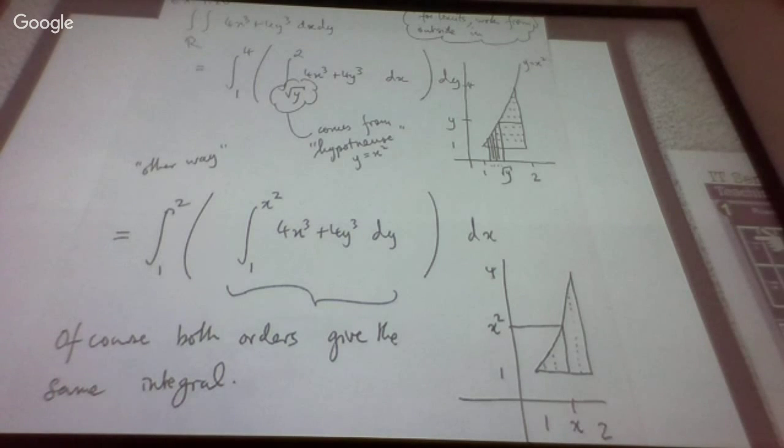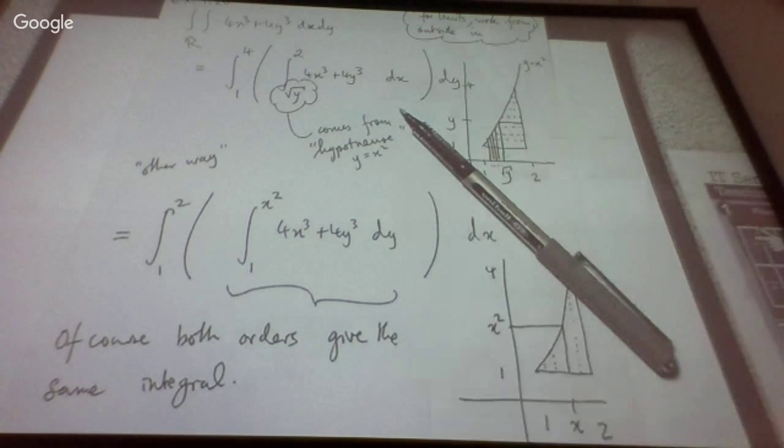But if you're just starting, if nobody told you about the region, and you were just faced with this first integral on the page, and you wanted to change the order of integration, maybe to make the integration process easier, it's not immediate. It doesn't scream out at you that when you change the order, it must be from 1 to x squared. It's not immediately obvious.